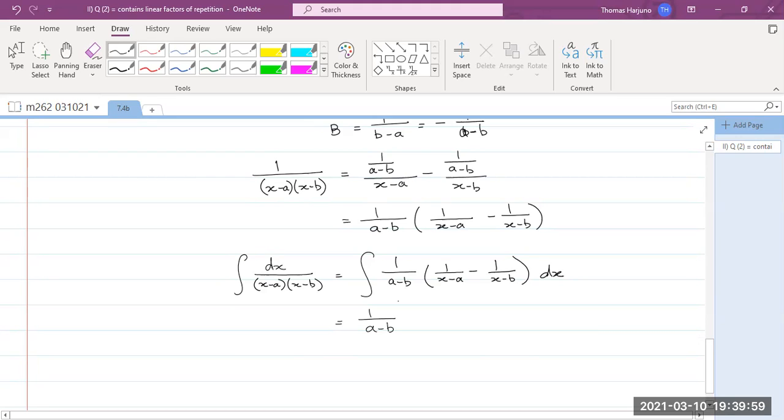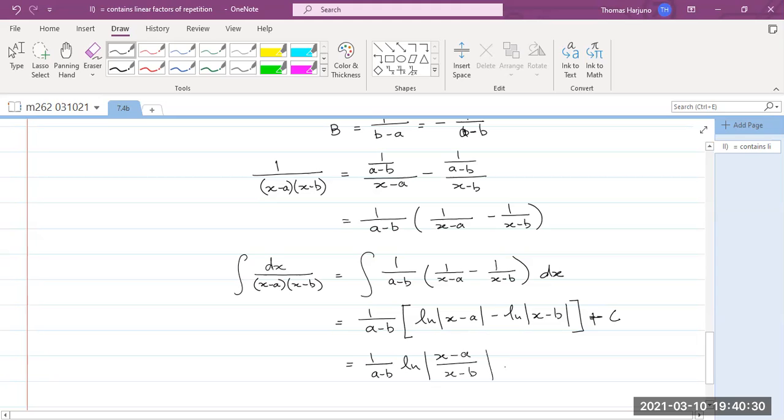The integral of 1 over x minus a is natural log of x minus a. The integral of 1 over x minus b is natural log of x minus b, plus constant. But the expression inside the bracket may be simplifiable. So that's natural log of x minus a over x minus b plus constant.